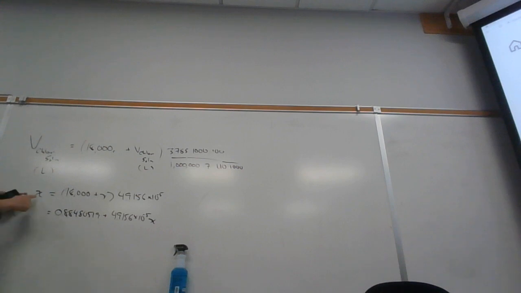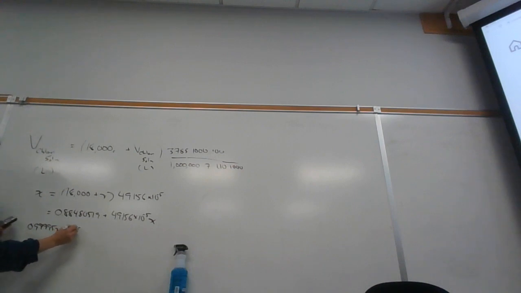Okay, then I'm going to combine the X terms. So I'm going to subtract this from both sides here. And so what is that going to be? That's going to be 1 minus 4.915 times 10 to the minus 5. And that's going to give me 0.99995x is equal to 0.88480519.